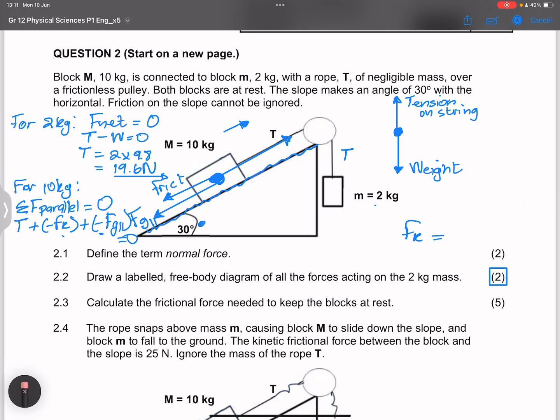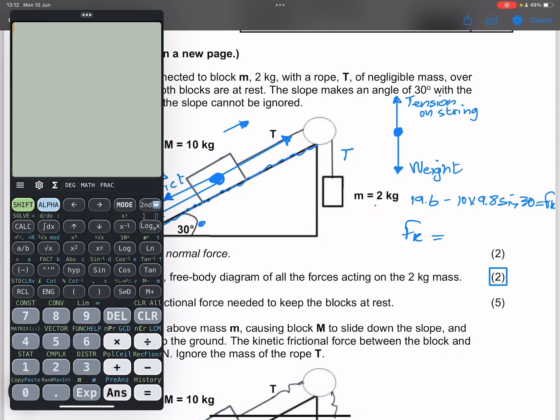So we've got tension, which was 19.6, minus Fg parallel, that's 10 times 9.8 times the sine of 30. That's equal to the frictional force, when we take friction to the other side. So let's calculate that, ladies and gents. We've got 19.6 minus 10 times 9.8 times the sine of 30 degrees.